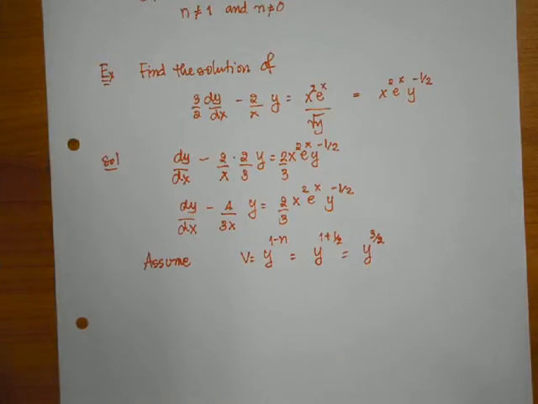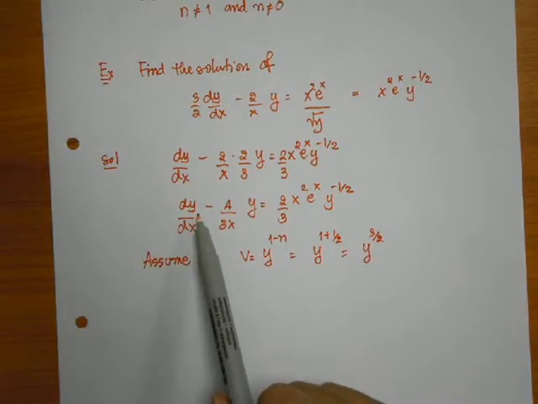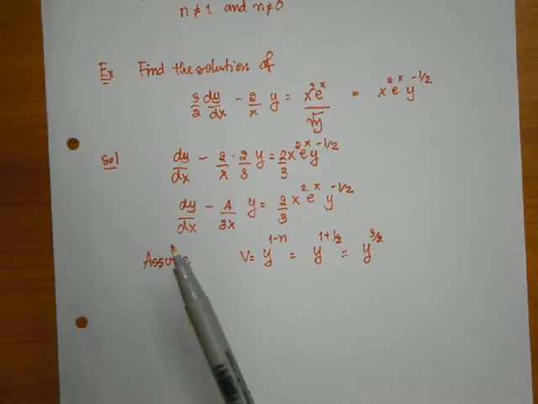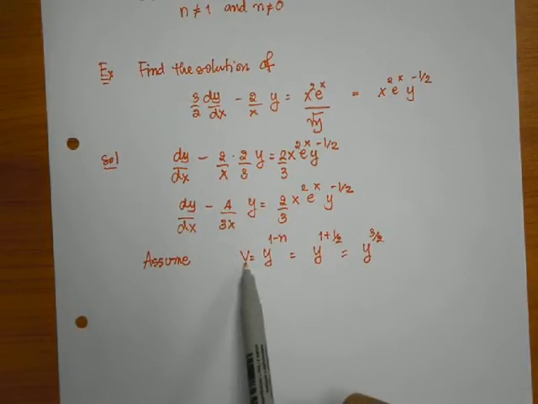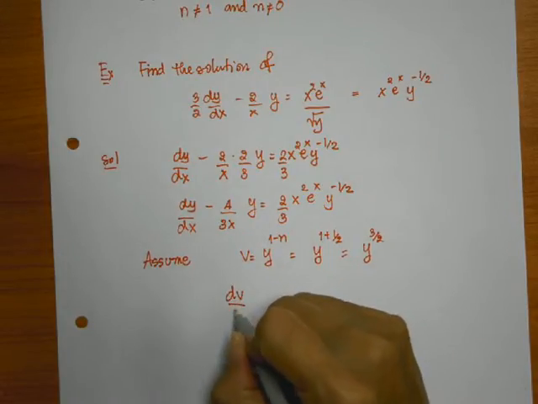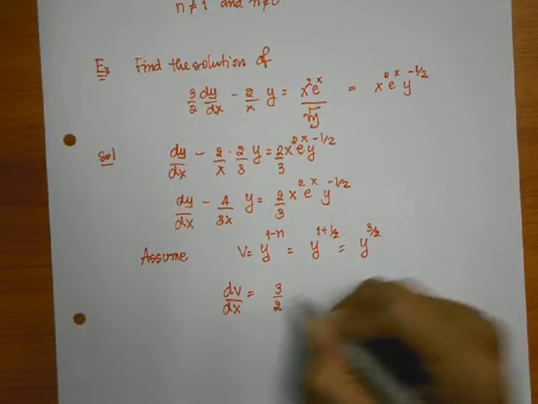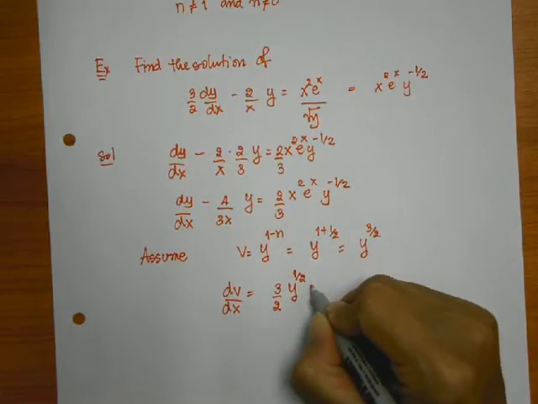And then we try to change the term dy/dx into the term dv/dx. So what we do next is differentiate v with respect to x. So we found that dv/dx is equal to 3 over 2 y to the power 1 over 2 dy/dx.